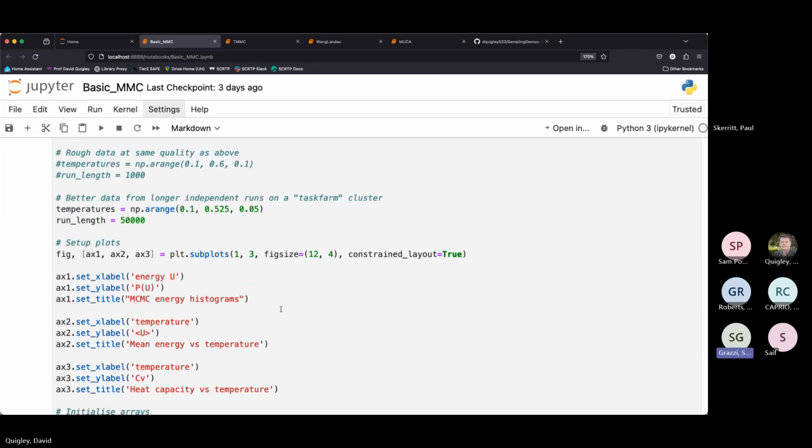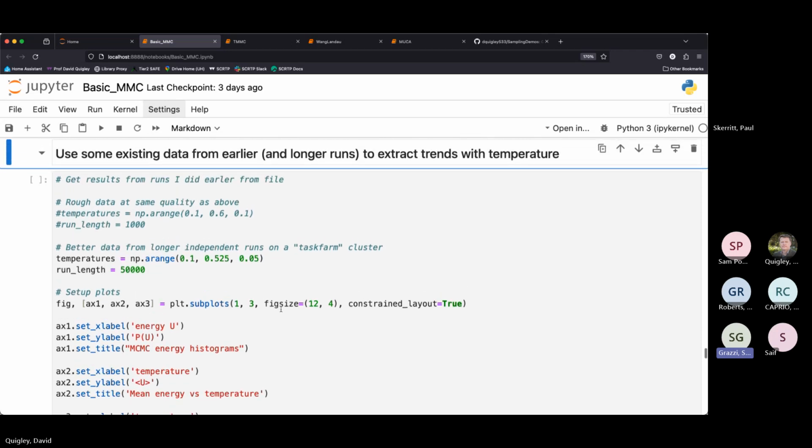What I said I'm interested in is trends with temperature. I want to understand the behavior of this system as the temperature increases or decreases. So in this very simple way that Michael laid out on Monday, I just go away and do this at many different temperatures. I run many simulations at a series of temperatures. I'm not going to do that live because it'll take a while.